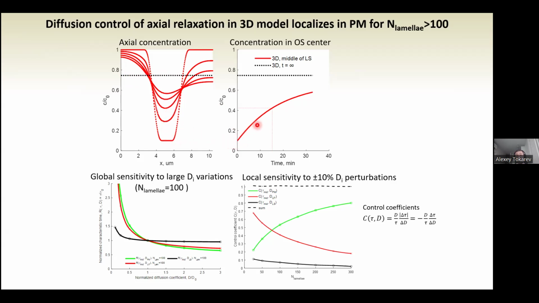We can plot the kinetics in the middle of this profile. It is plotted here, and we can characterize this kinetics by a characteristic time. The characteristic time is the time when the difference between this value and the final value drops to 1 over e, or maybe it is the half time.